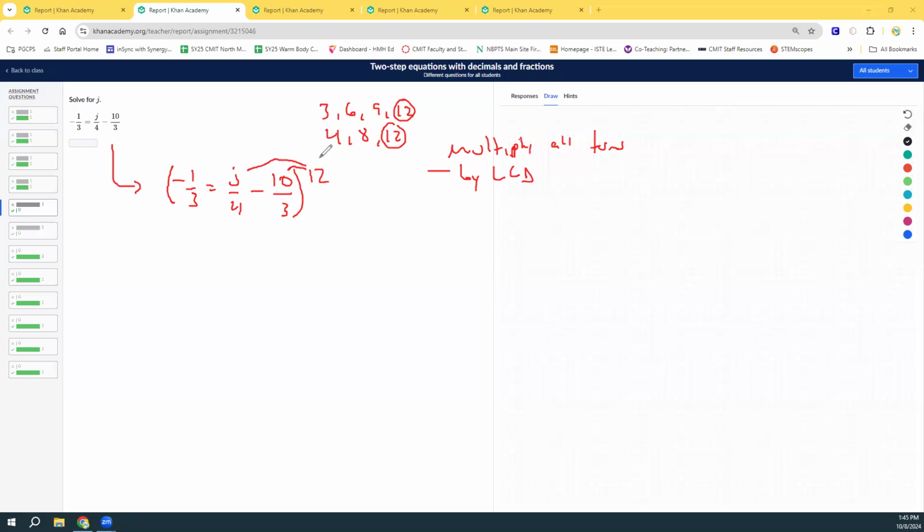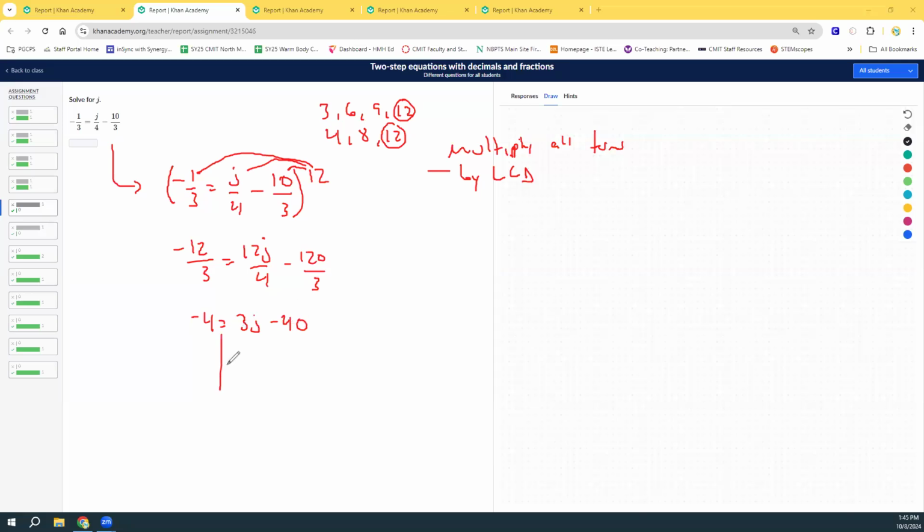When we do that, we just multiply the numerators, and we get negative 12 over 3 equals 12j over 4 minus 120 over 3. And then we can reduce. So negative 12 over 3 is negative 4. 12 over 4 is 3j. And 120 divided by 3 is 40.